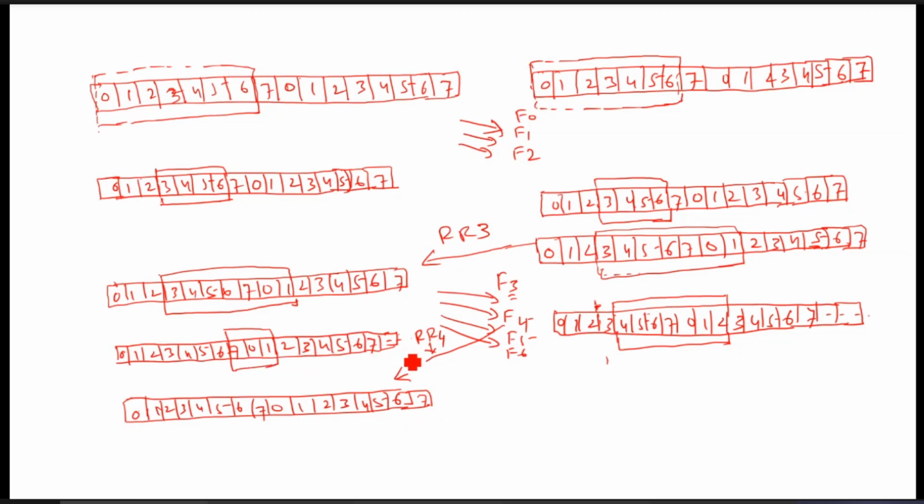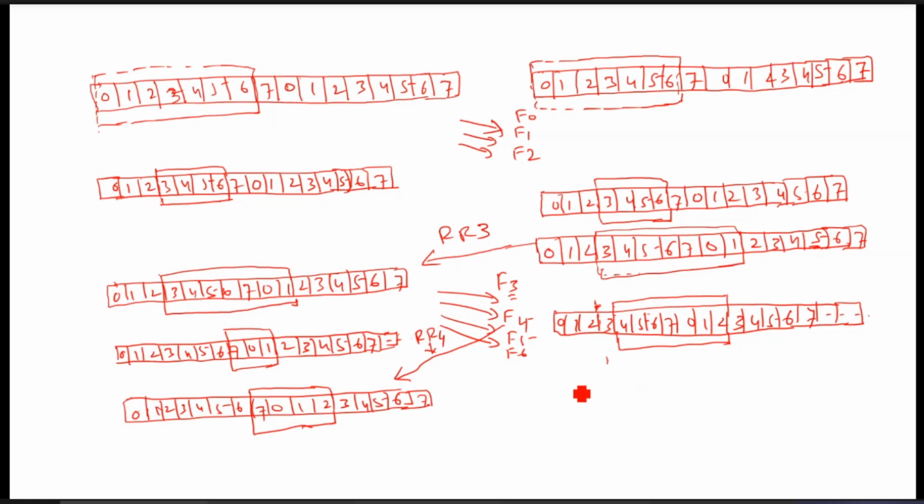So RR4 means it is allowed to transmit frame number 4, but you see it has already transmitted 4, 5, 6. So for the remaining frames, it may transmit 7 up to 2, 7 to 2, right?